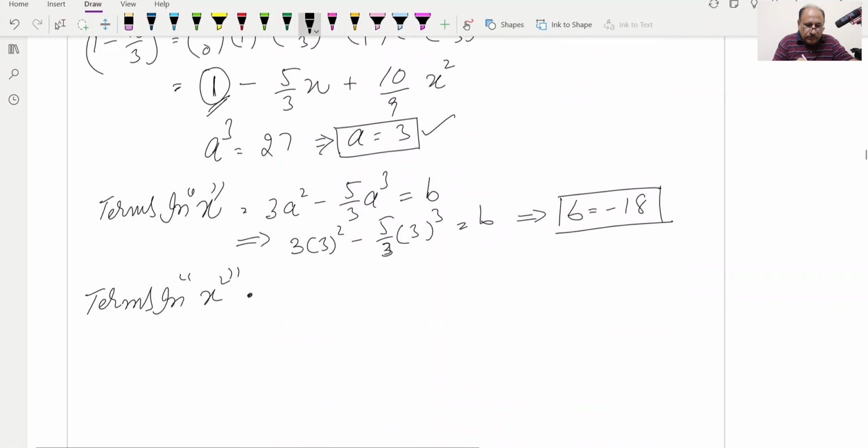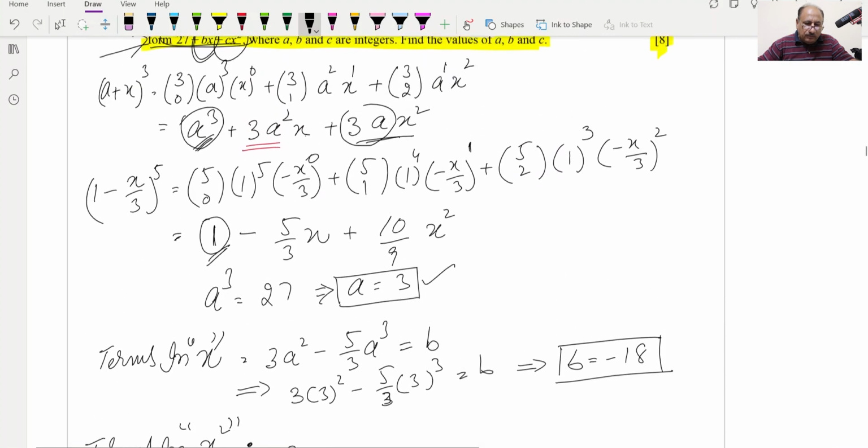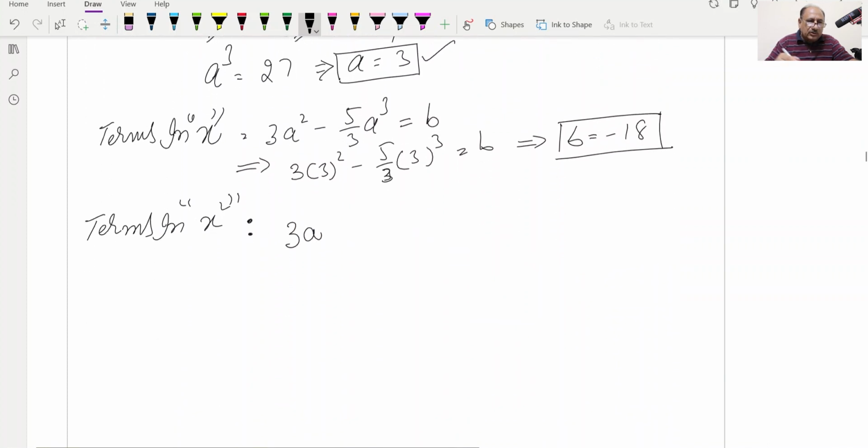The second term, when 5 by 3 x is multiplied by 3a squared x, we will get x squared, so we can write minus 5 by 3 into 3a squared.